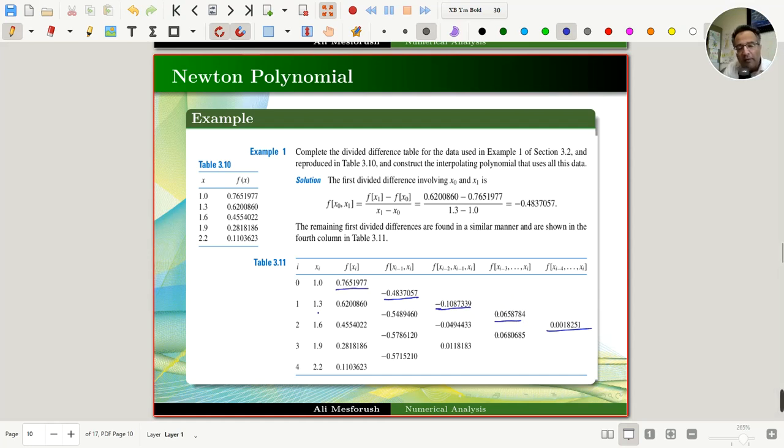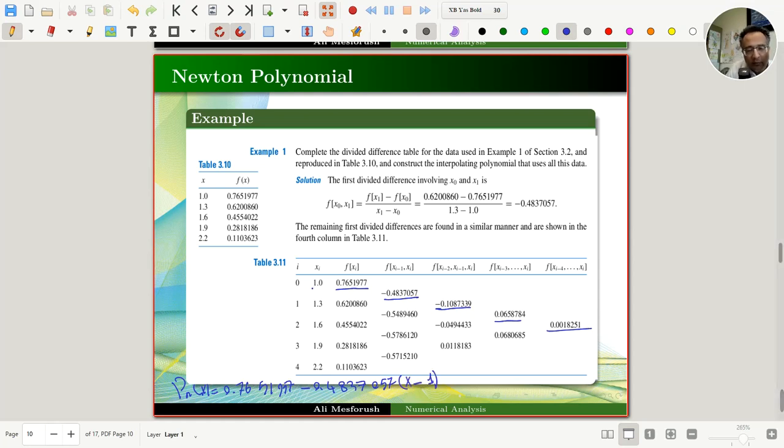Also, we have a header for the first column here. Now, if I want to write the interpolating polynomial, I have to consider the polynomial exactly like this: Pn of x equal to 0.765197, minus 0.837057 times x minus 1.